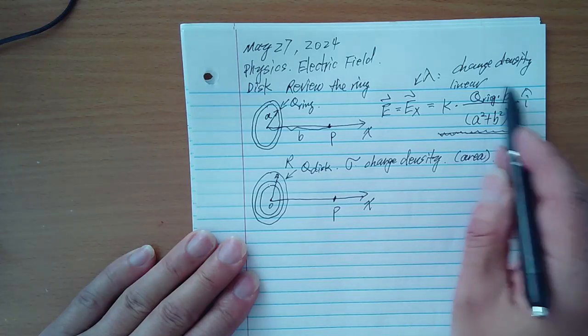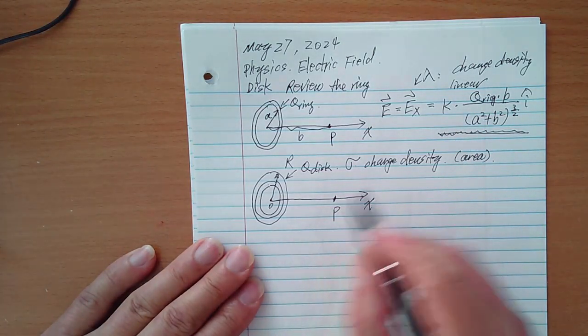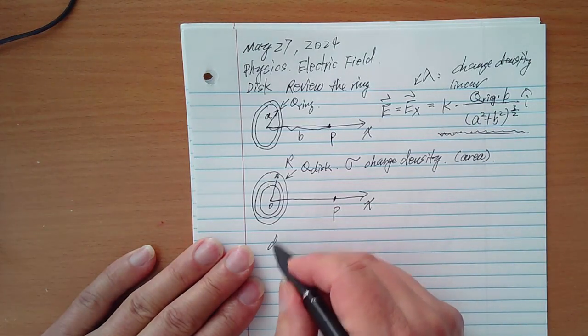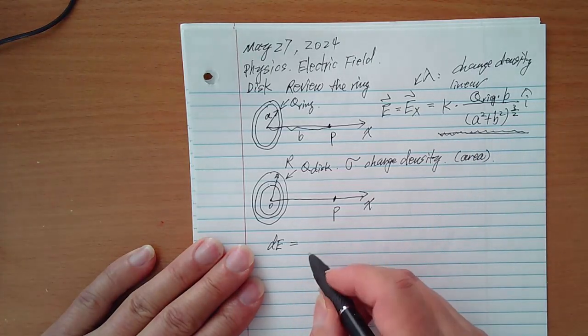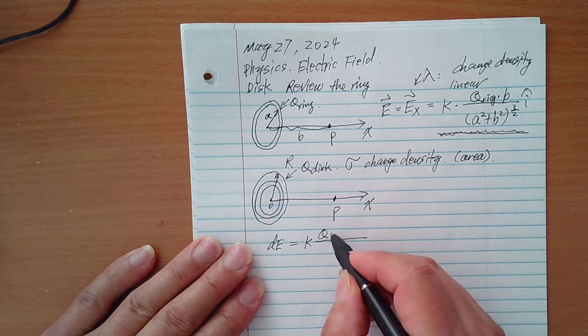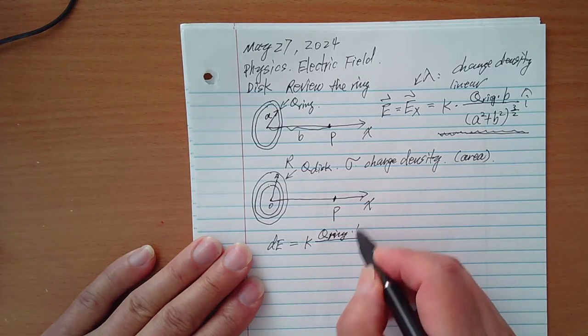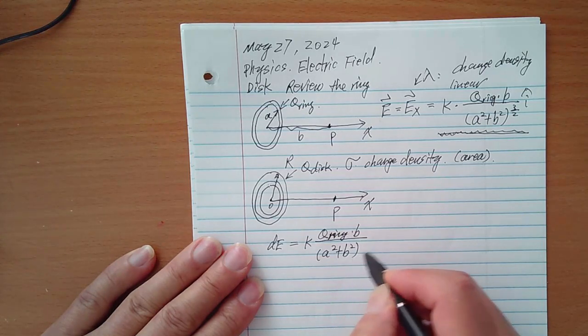For this result, we are not going to talk about the direction, just the magnitude. So our dE is exactly the same thing. I'm going to copy the Q ring times B over (A squared plus B squared) to the 3/2.